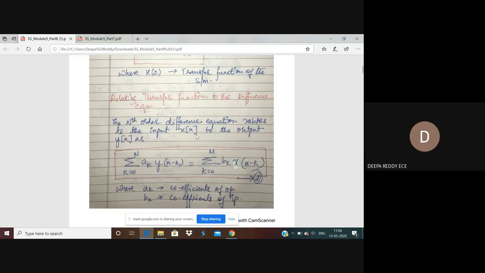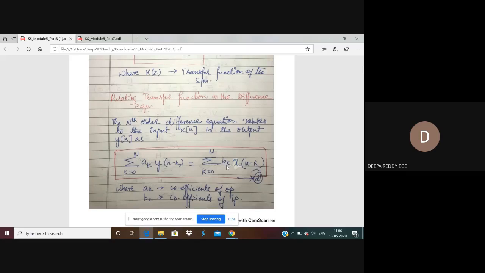This is a very important formula. You can make a note of it, where the input and output are related like this, where ak and bk are the respective output and input coefficients. The summation over k from 0 to n of ak y of n minus k, where y of n is a discrete time signal, n minus k means time shifted signal, and ak is its weight or coefficient, is equal to the summation over k from 0 to m (n and m are different, the orders are different) of bk x of n minus k.